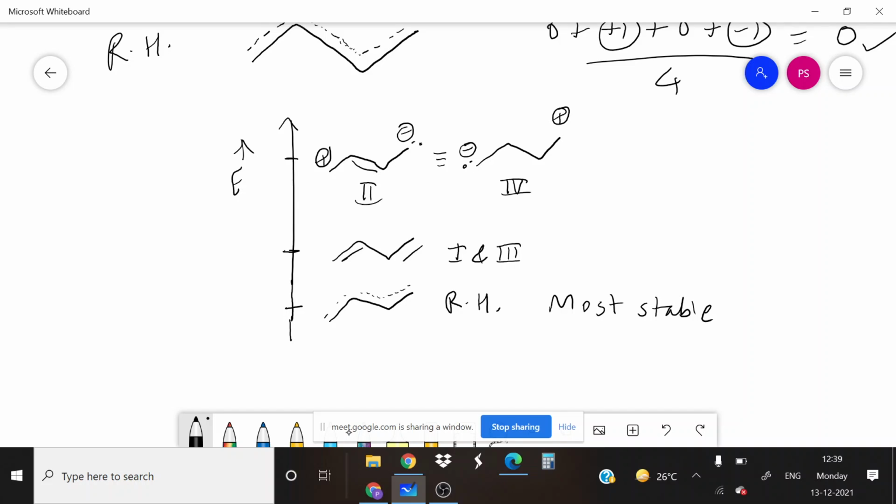The energy of the first and third structures is higher than the resonance hybrid, and charged structures have higher energy than the uncharged resonance structure or Lewis structure. Okay, so what is the fifth rule? The resonance hybrid or actual molecule is lowest in energy, and hence it is most stable.